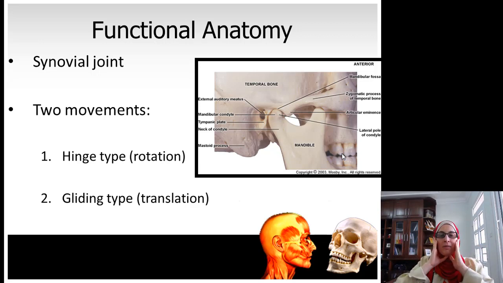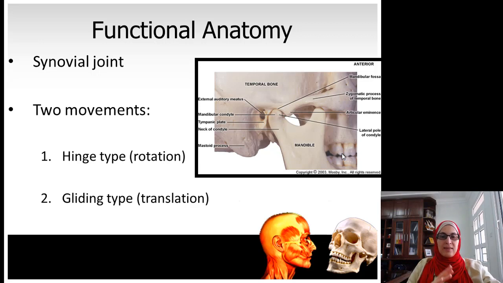It is restricted by the muscles of mastication, by the collateral ligaments, and other ligaments that bind the joint to the skull. And when you close, you can close just until your teeth touch, so you cannot close further. So it has an endpoint in both directions, which is different from other body joints.